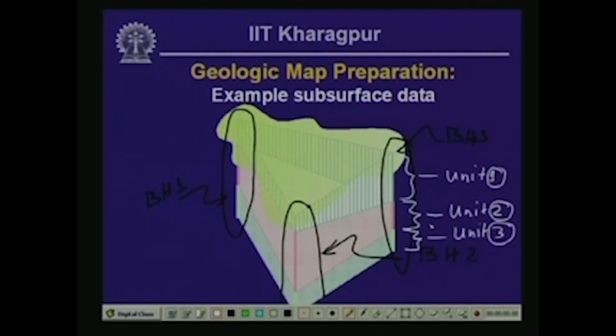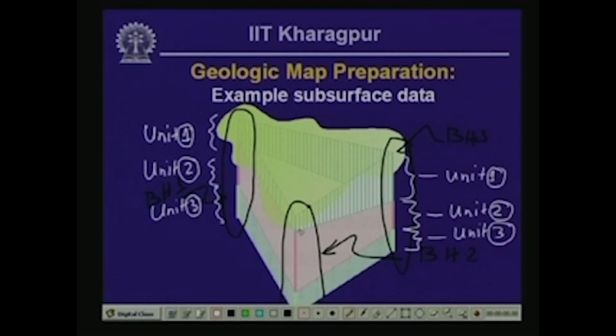This is a simple geologic stratigraphy, and you might realize that this is just for illustrative purposes, and a real life stratigraphy could be much more complicated than the one shown there. Now, on the other side, in borehole 1, we have unit 1 here, then a relatively thinner unit 2, and underneath that we have unit 3 as earlier.